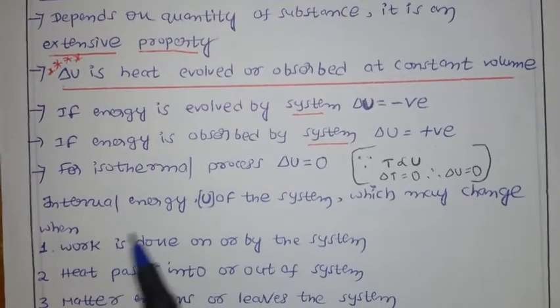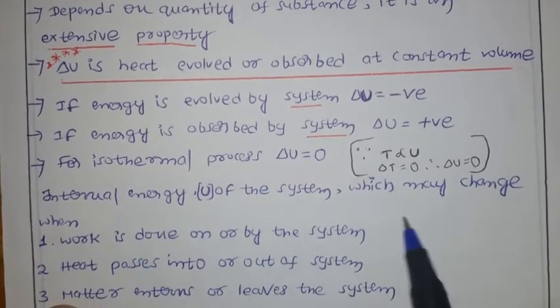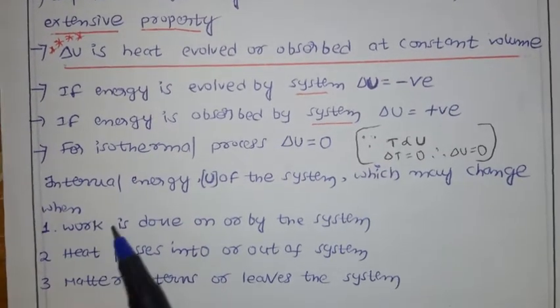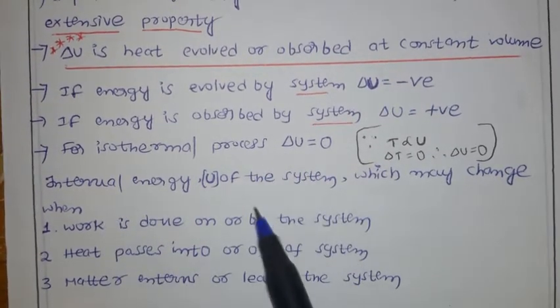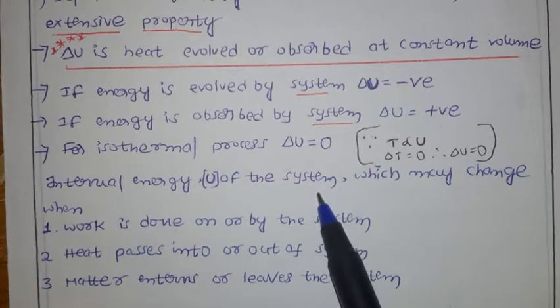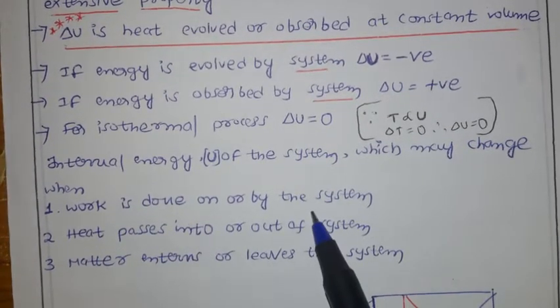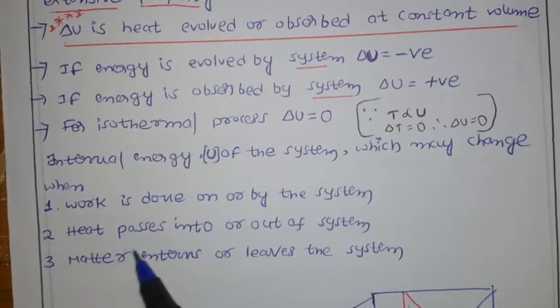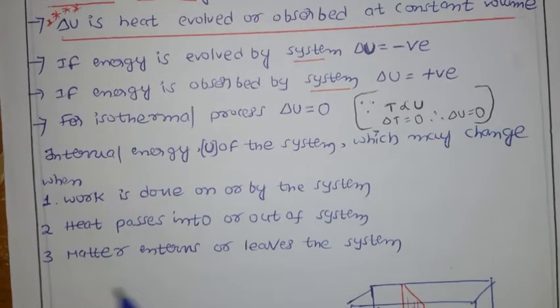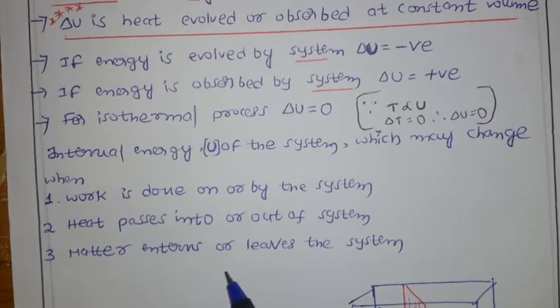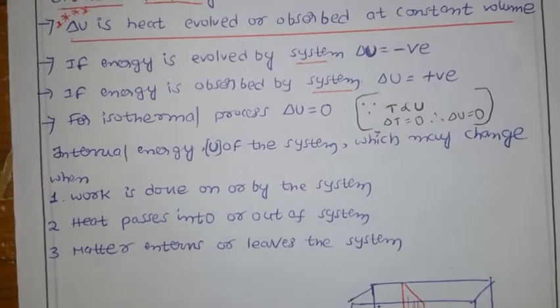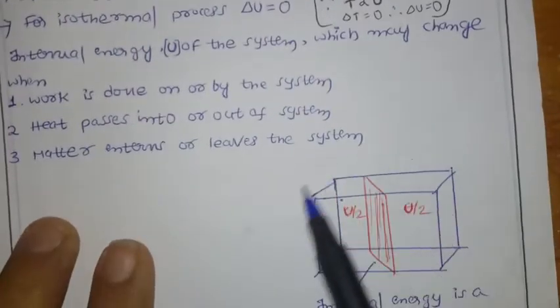Now, the internal energy of a system can change in these ways. A system has some internal energy, and you can change it by, first, work done on or by the system. Second, heat passing into or out of the system. Third, matter entering or leaving the system.